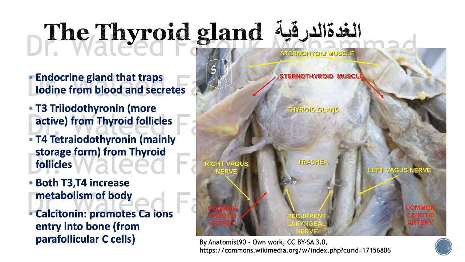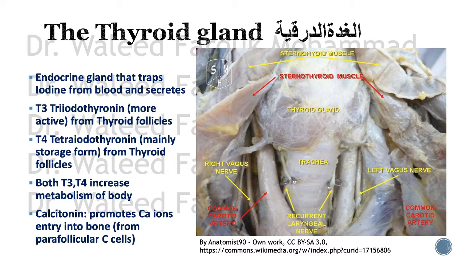Okay, totally another subject, but in the same area. This is the thyroid gland. It's an endocrine gland. That means it has no duct, and it delivers its products directly into blood. This is the definition of an endocrine gland. It secretes hormones.